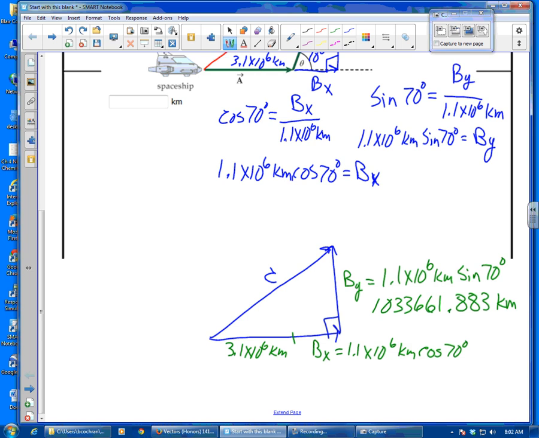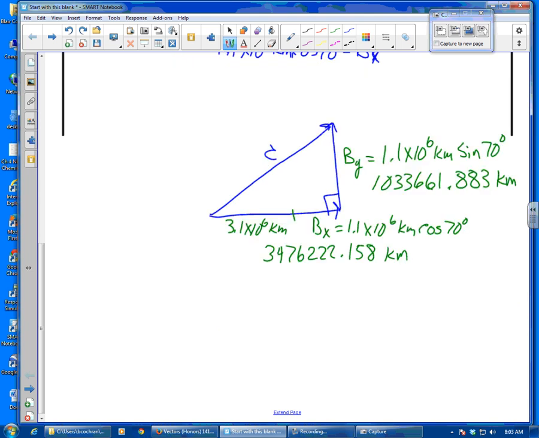So that's my B sub y, or my vertical component of C now. And my other one is 3472222.158 kilometers. You should have close to but different numbers there. Yes?